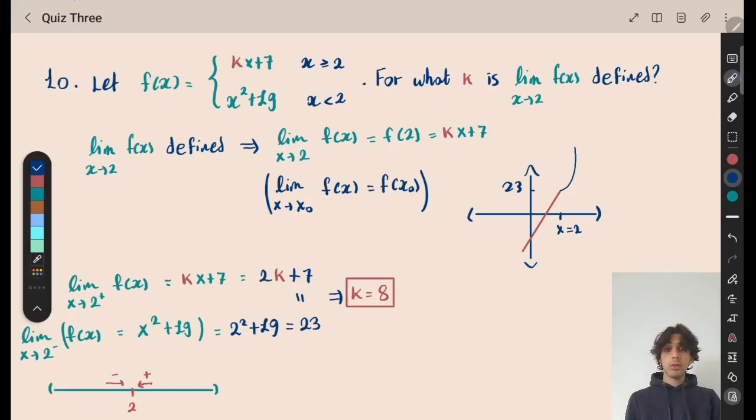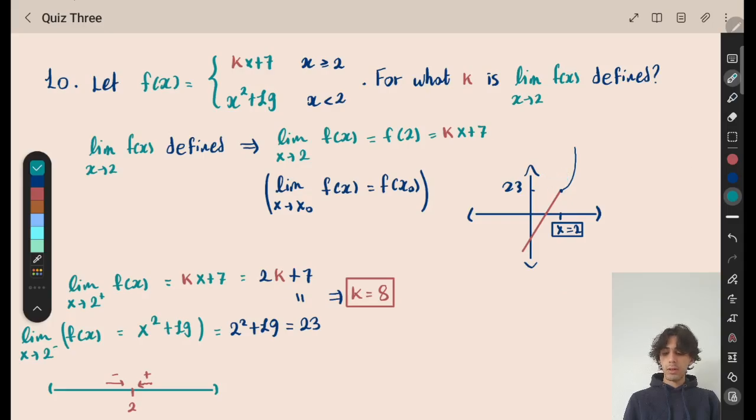And if the function is continuous and the limit is defined at the point x equal to 2, then it should be continuous, it should be smooth. I should be able to draw it without lifting my pen. And so the limits have to coincide.